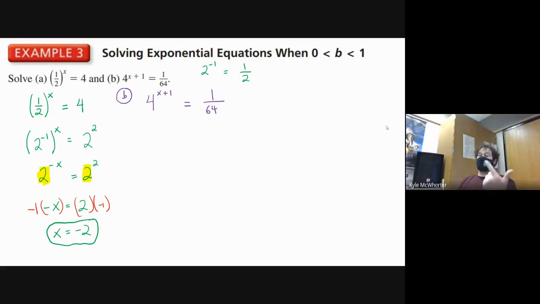It is. 4 times 4 is 16. 16 times 4 is 64. So 64 is 4 to the third. So I'm going to do that right now. I'm going to rewrite 64 as 4 to the third.